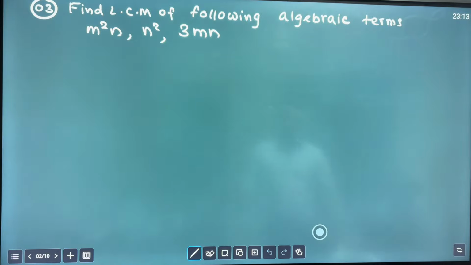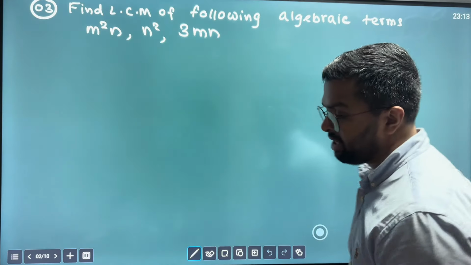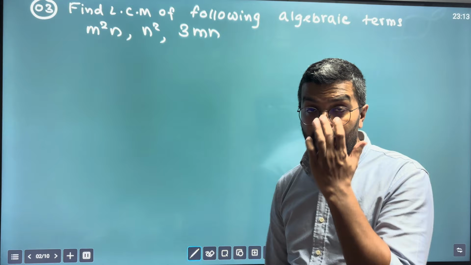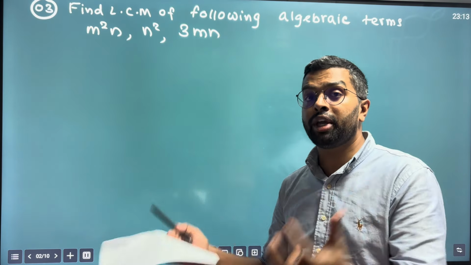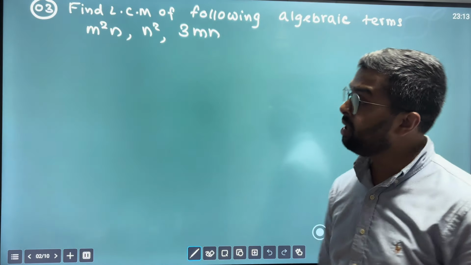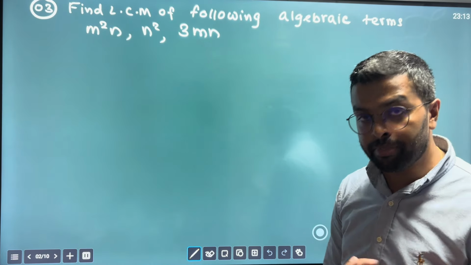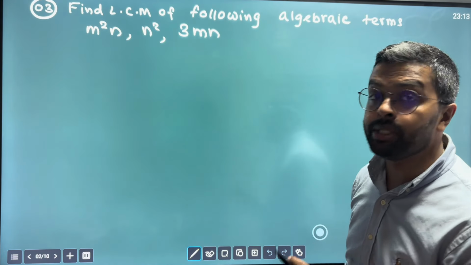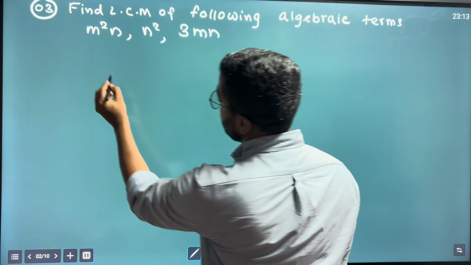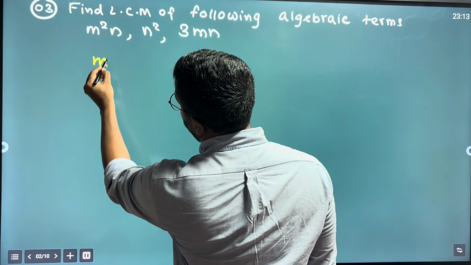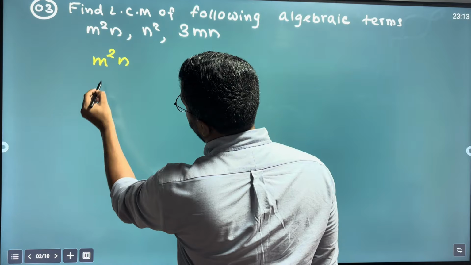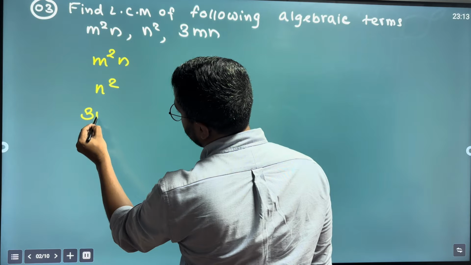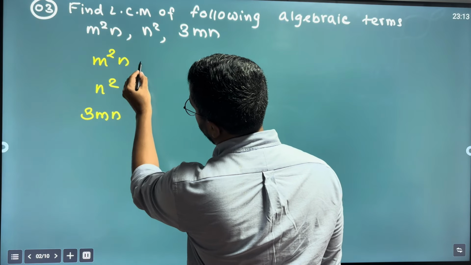Sometimes in grade 10 lessons, there are instances where algebraic expressions are also included in these kinds of questions. But this is a very simple version of the question, with only algebraic terms. The terms are m squared n, n squared, and 3 times m times n.